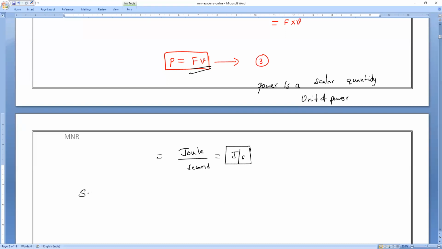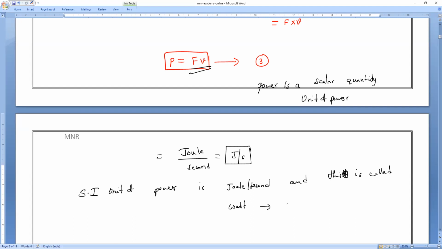Now what is the SI unit? The SI unit of power is watt. Actually we say joule per second, and that only we call watt.